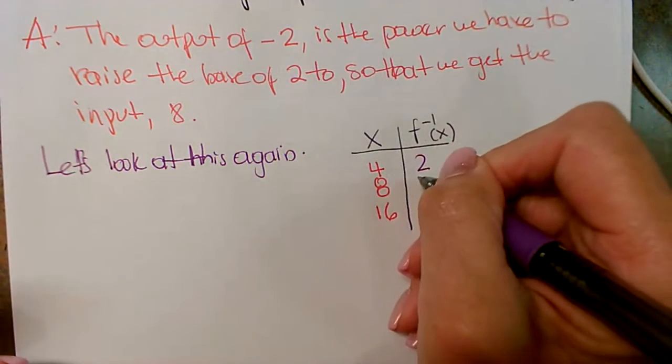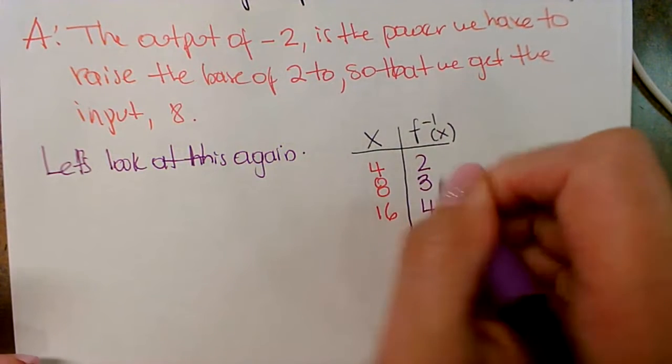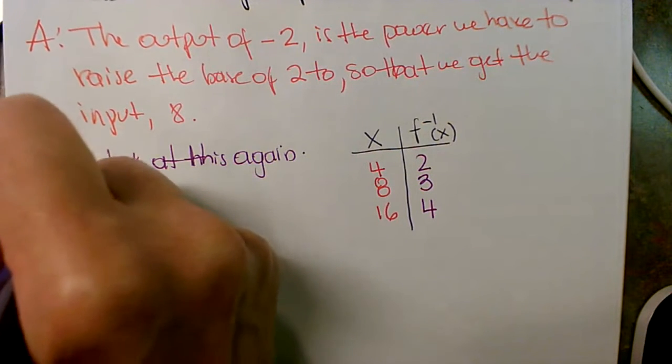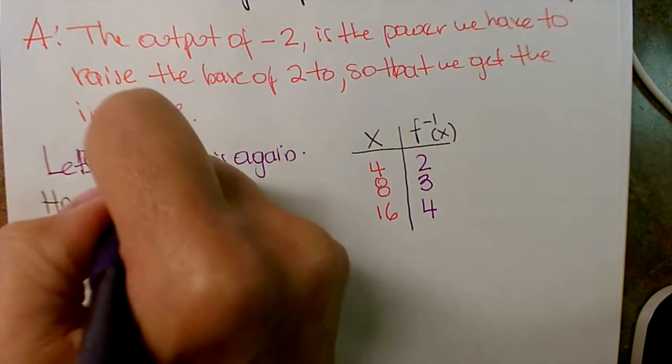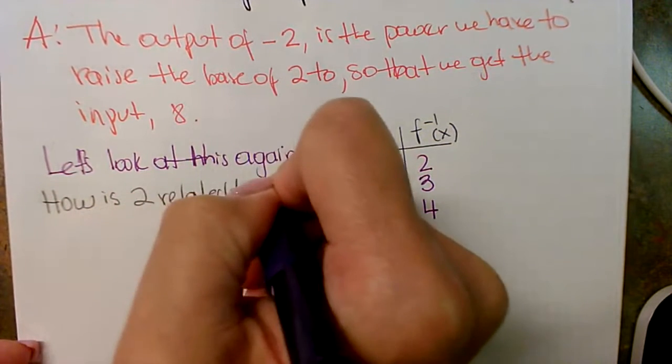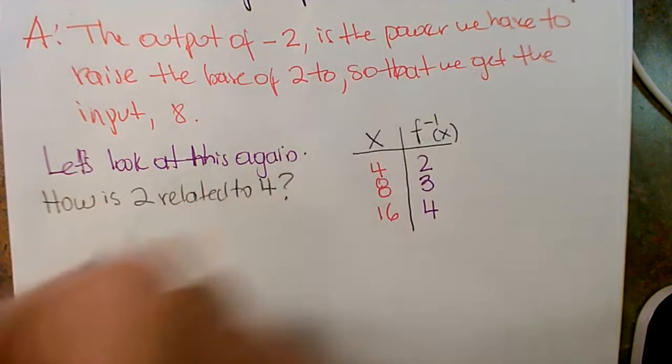And we have 2, 3, and 4. So the first one, how is 2 related to 4?